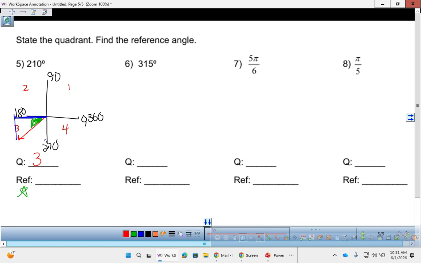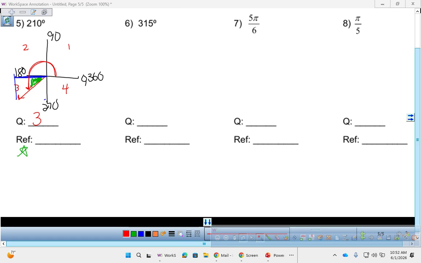What I know is that this in red is 210. So I went 180 and I got to this point, and then I went a little bit more. And that little bit more is that green angle. So how could I figure out what it is? Very good. I can do 210 minus 180. And then that makes that 30 degrees.